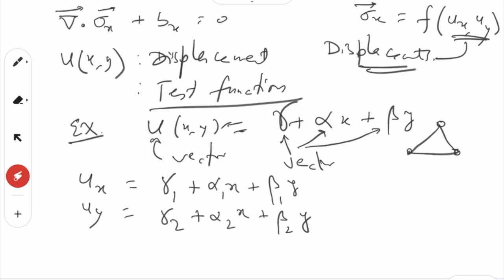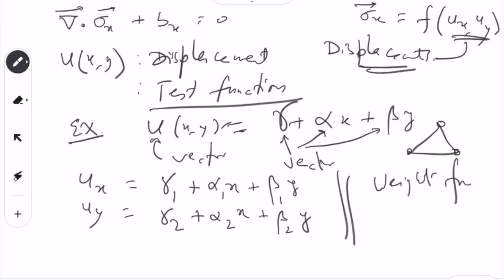Now, if the test function is of this nature, our weight function w will also be a vector, wx i plus wy j.